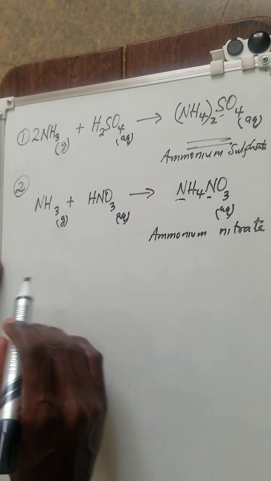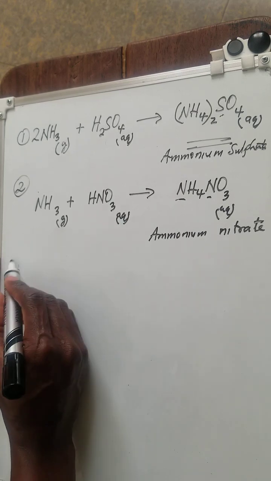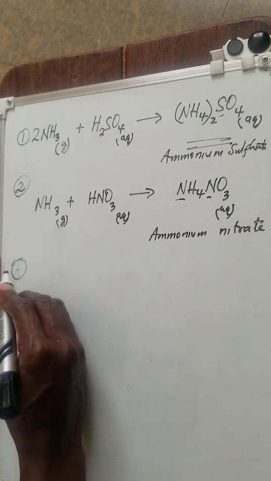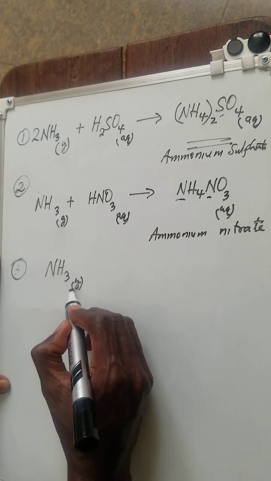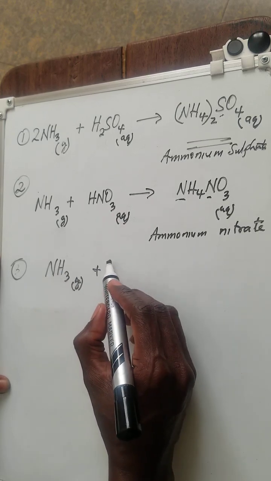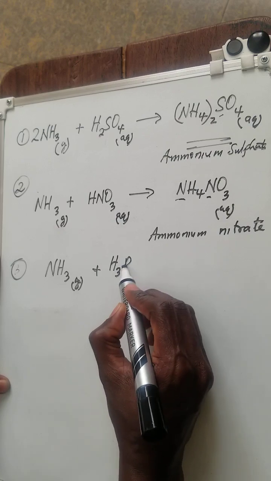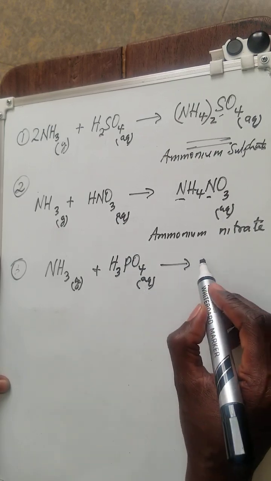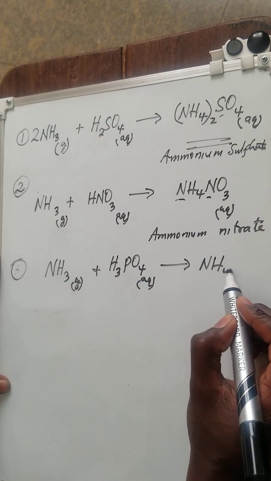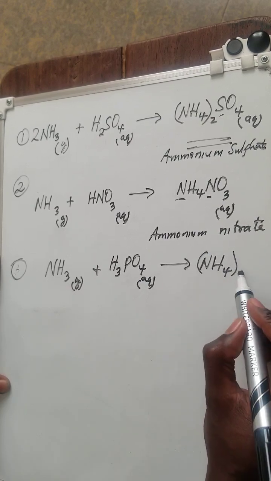Because it contains nitrogen. Another one we can talk about is when ammonia reacts with phosphoric acid, which is aqueous.